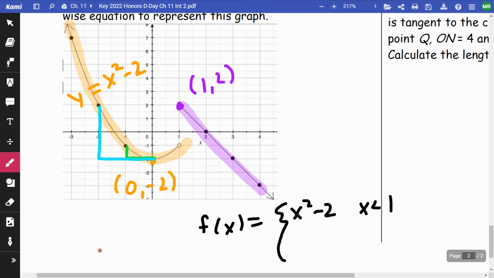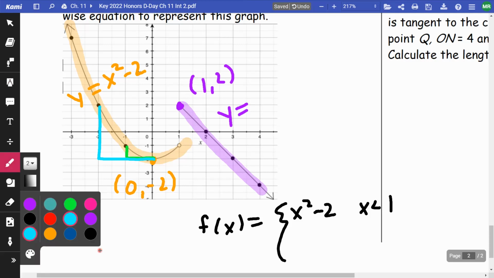So I'm going to write this in kind of point slope form. How am I moving from point to point? Well, in this situation, I am going down 2 over 1, down 2 over 1. So my slope is going to be a -2.